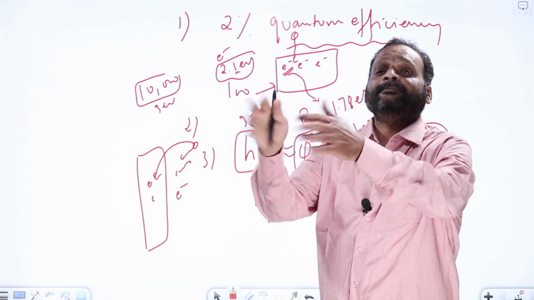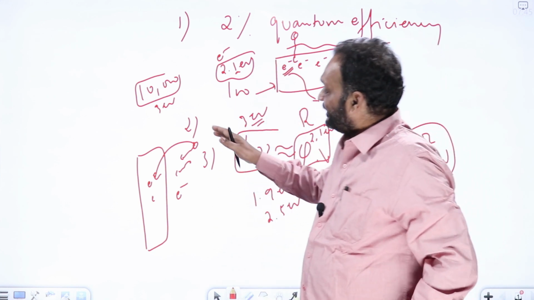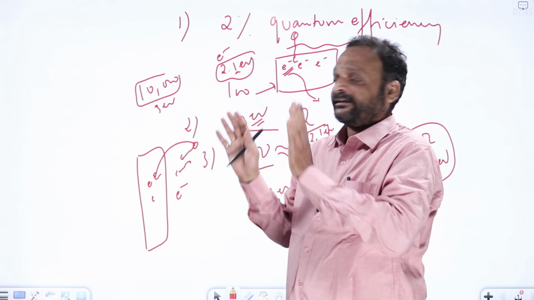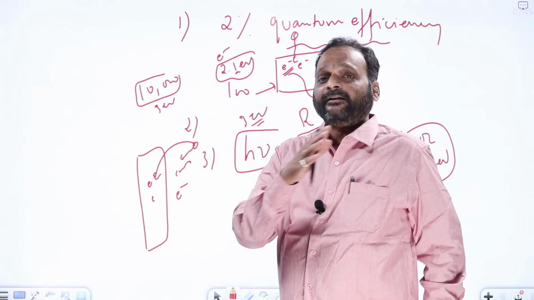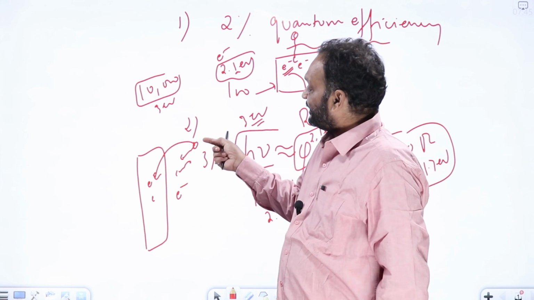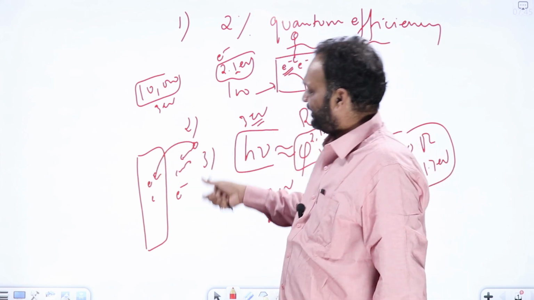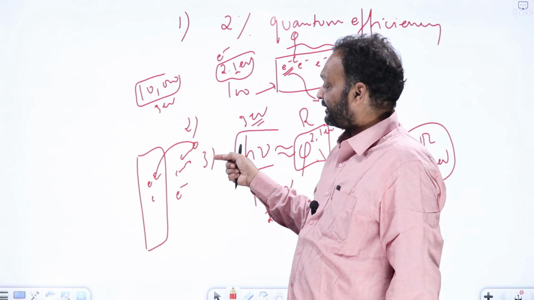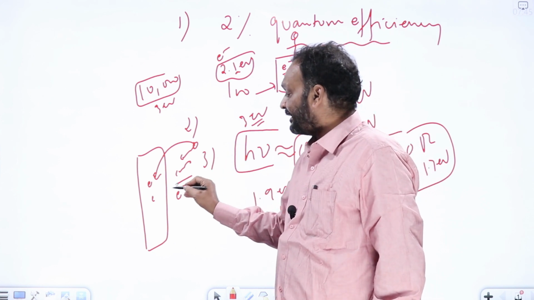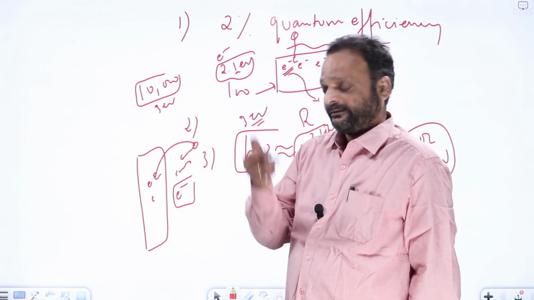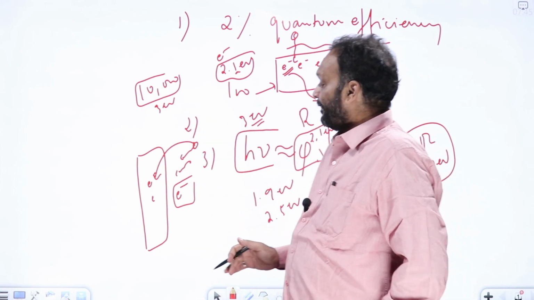The incident photon disappears after the interaction, means it loses its entire energy and disappears. Okay, after the interaction, the incident photon does not exist. That entire photon, a quantum of energy, is given to the electron. Only the electron comes out, means in the photoelectric effect only the electron appears after the interaction. What happened to the incident photon? It disappeared. Okay, right?